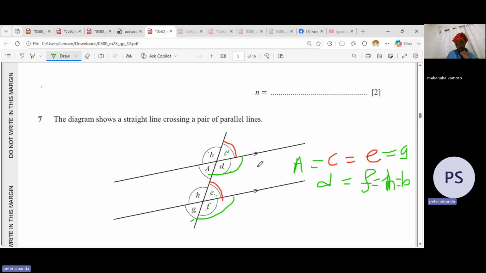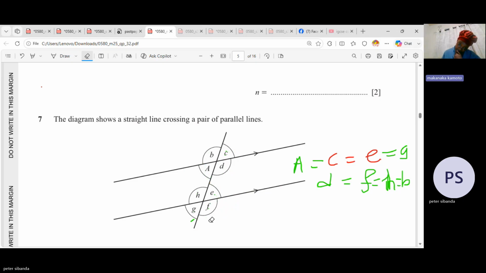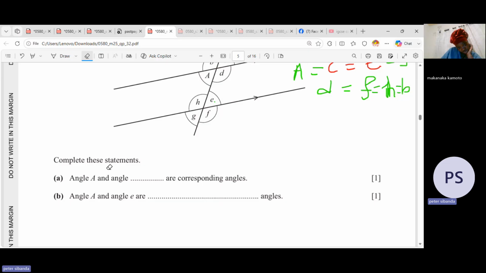We could also have used the Z angle. Look at the Z there. Go there, go there, go there. That would tell us that this A is equal to this E. It's messy now, but A and E we already know are equal because we said it here: A equal to C equal to E equal to G. What was the question anyway?